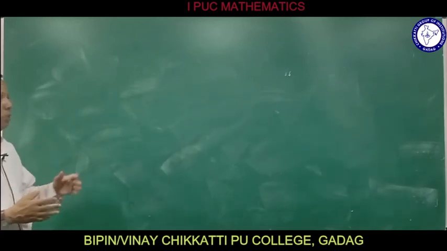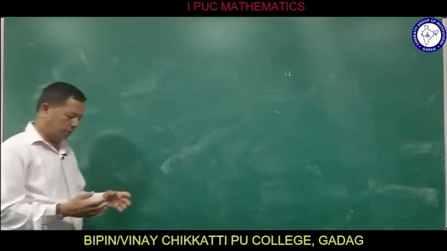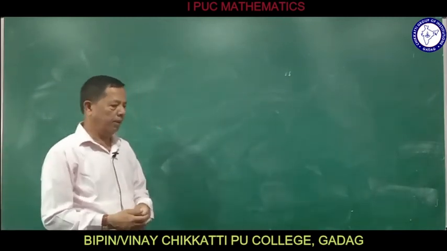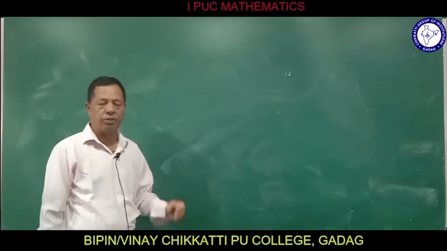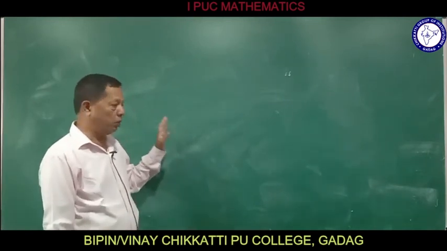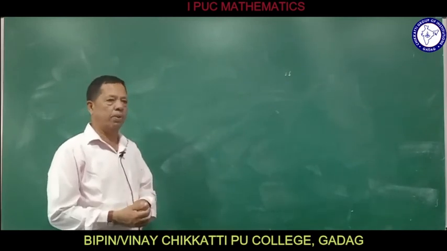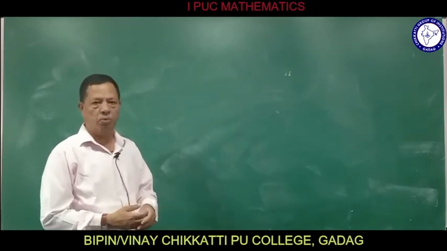Meanwhile, I am sending you the answers for those questions. In the next class, possibly I want to see the second part, that is relations, and the third part, that is functions. I hope you have understood all these problems. Similarly, you can work out the problems in exercise 2.1. Thank you.